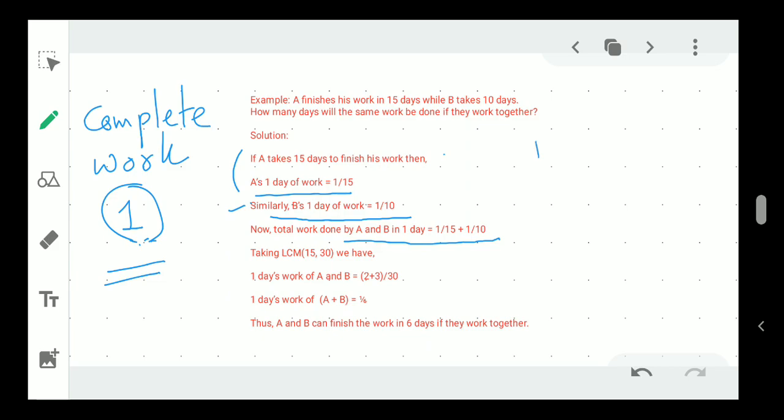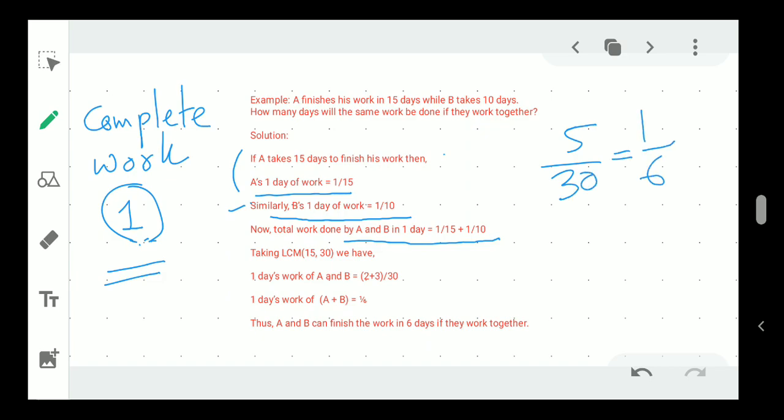Now you know how to do fraction addition. So this is 10 and we know the LCM will be 30. So when the LCM is 30, this will be 30, this will be multiplied by 2 because it is 15 here, plus this will be multiplied by 3 because 10 is there, so it will be 5 by 30, right? So 5 by 30 means 1 by 6.